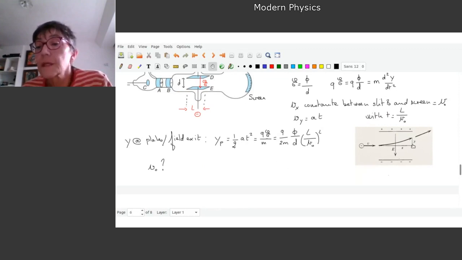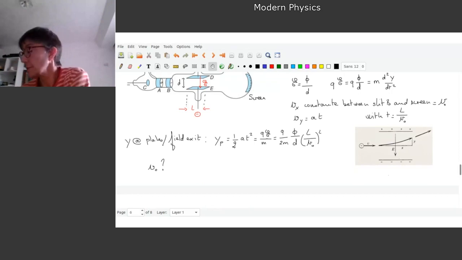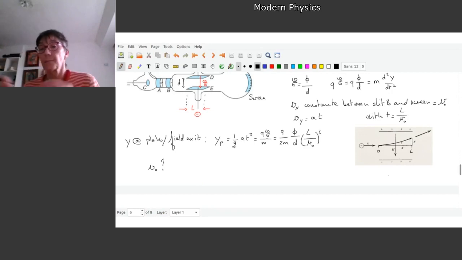So you have x and you have y. Actually, what I wrote here is L, which is the horizontal dimension here. This is an axis, and when it enters, this is 0, and when it exits the field, it is L. This is the length of the plates, and Y is the shift of the beam in the vertical direction.